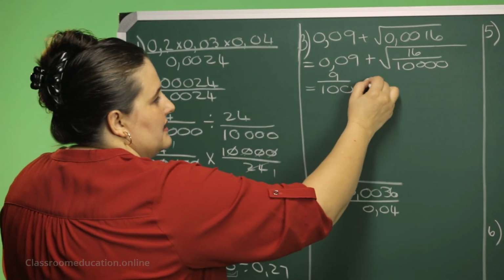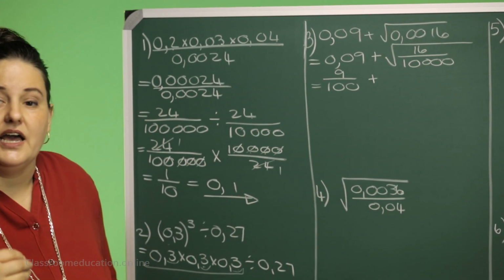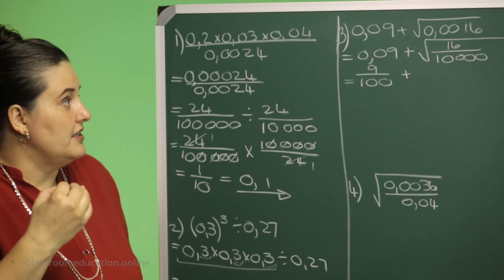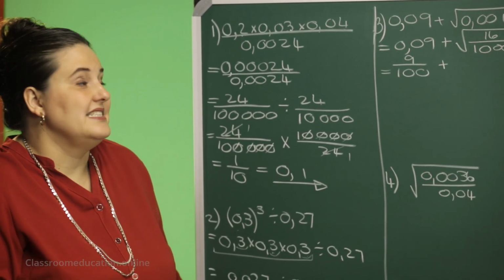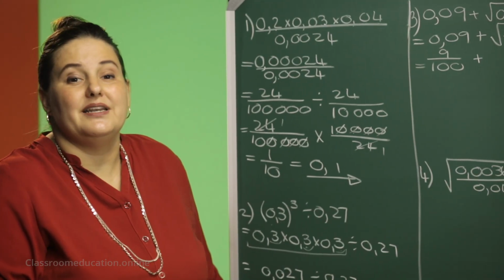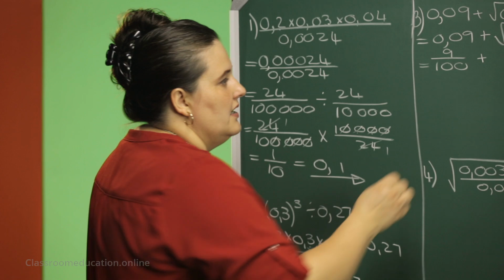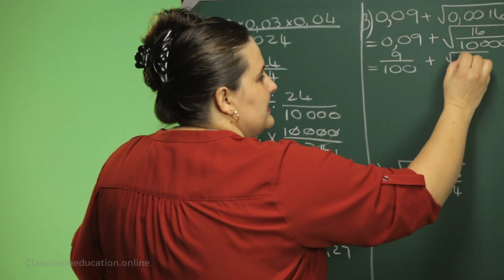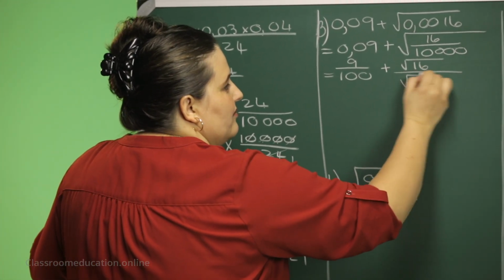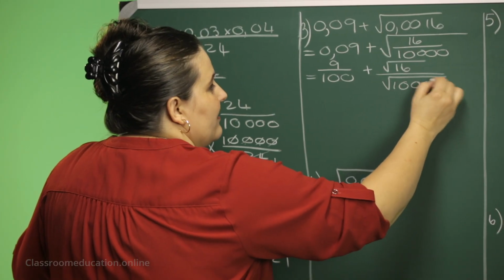Now, how can I sort out the square root of 16 10,000ths? I'm going to put in an extra step. You don't have to do this. This is just for explanation. So this will be the square root of 16 divided by the square root of 10,000.